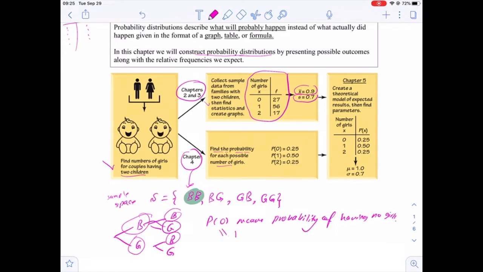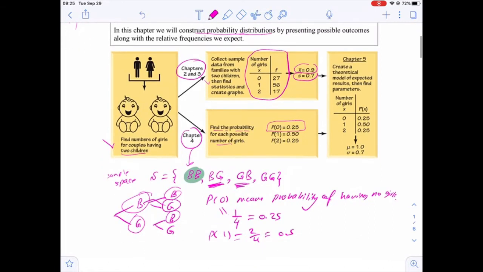But this outcome is just 1 out of 4 outcomes, so we can write it as 0.25. So the probability of 0 girls is 0.25. The probability of 1 girl is, we have 1 here and 1 here, so 2 out of 4, which is 0.5. Now the probability of 2 girls is just 1 out of 4, which is 0.25.